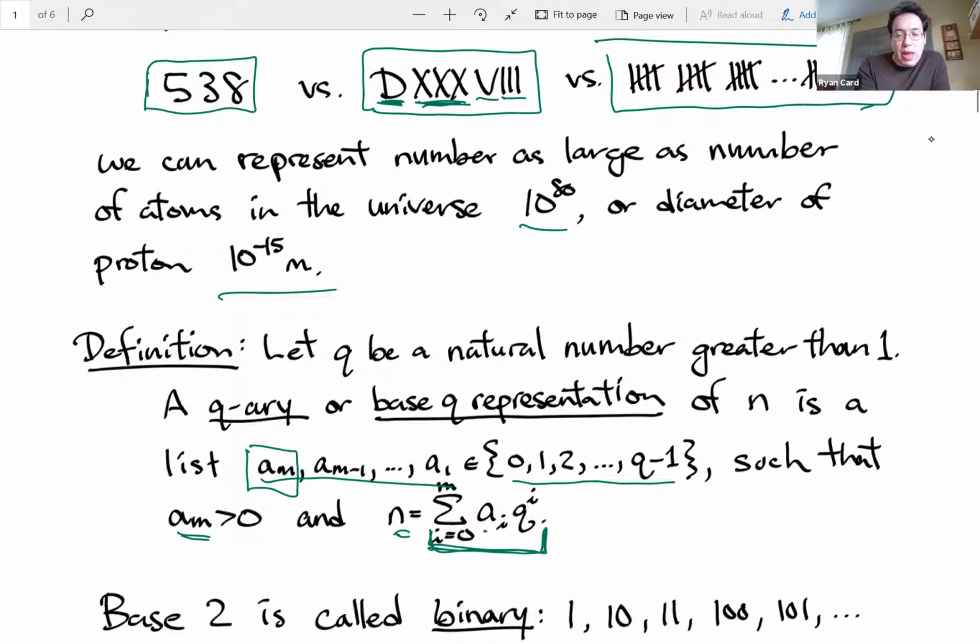So if the a_i are the coefficients, a_1, a_2 through a_m, you multiply each with some power of the base. So in our decimal system, powers of 10, and so on. And we should be able to write down any natural number n in this way.